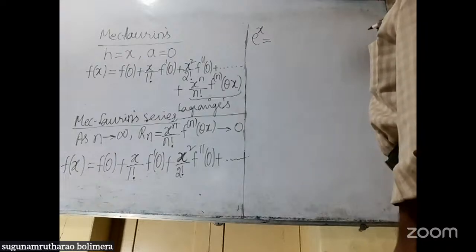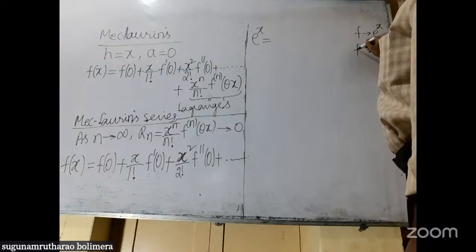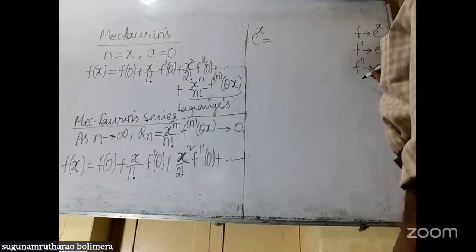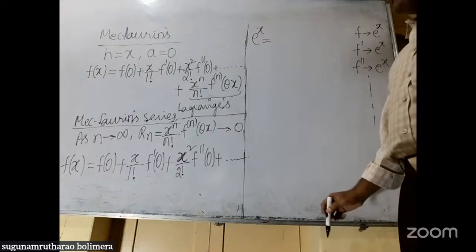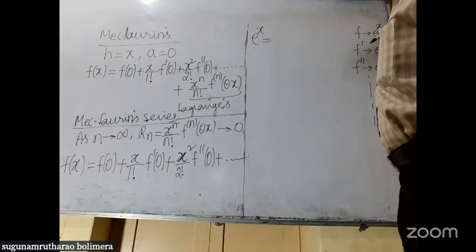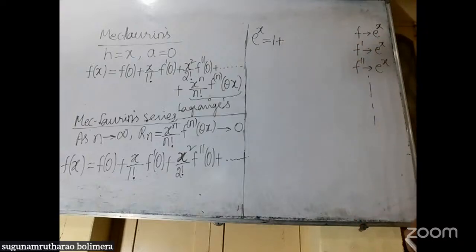If you consider f as e power x, the first derivative is also e power x, the second derivative also e power x, the third derivative also e power x. Now f of 0 means e power 0, and e power 0 is 1.